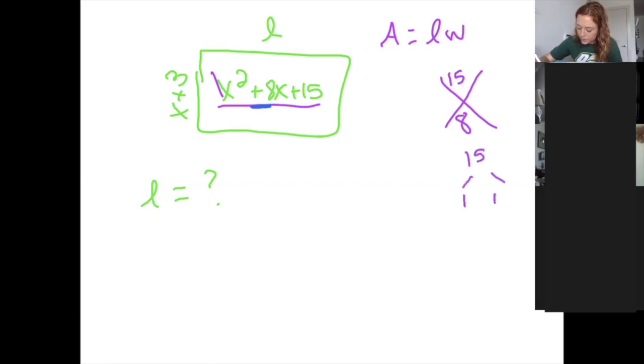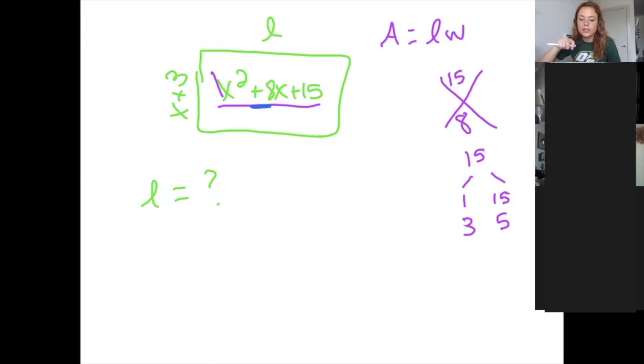So 1 and 15. Does 2 go evenly? No. 3 and what? 5. Does 4 go evenly? No, it's back to 5. So I'm good. That's the only ones.